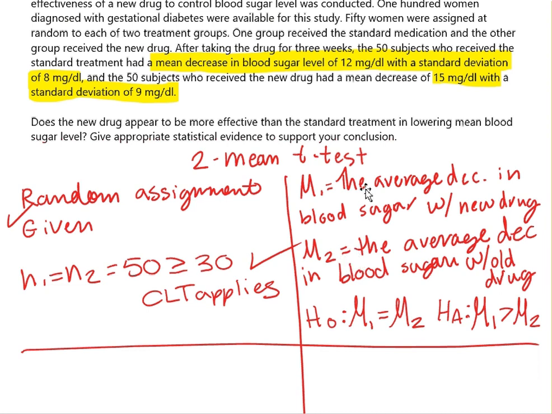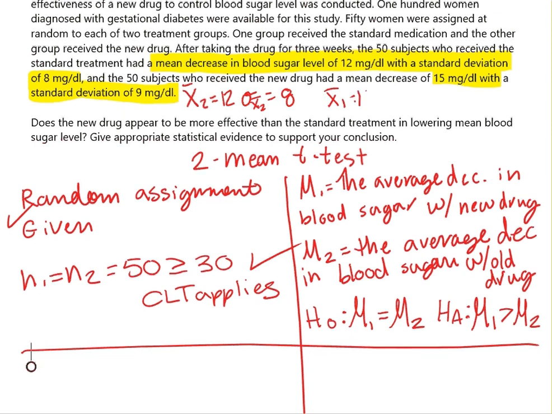So x bar 2 is equal to 12 with a standard deviation of 8, and my x bar 1 is equal to 15 with a standard deviation of 9. Okay, so that's what I'm going to go type into my Inspire. So let's go look at it.